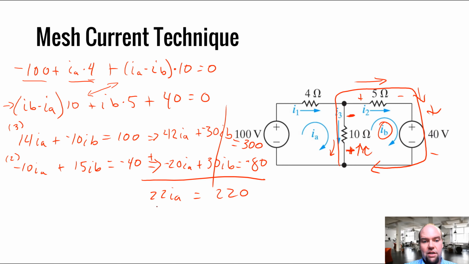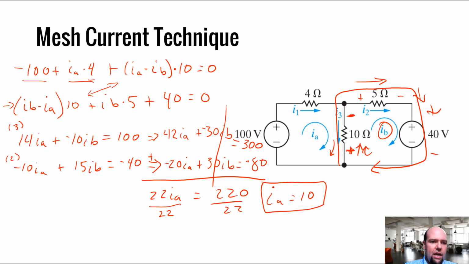Well, this is feeling good. We get IA equals 10. And plugging that in wherever it's convenient, we'll plug it into here. So plugging in IA equals 10, we have negative 100 plus 15 IB equals negative 40.